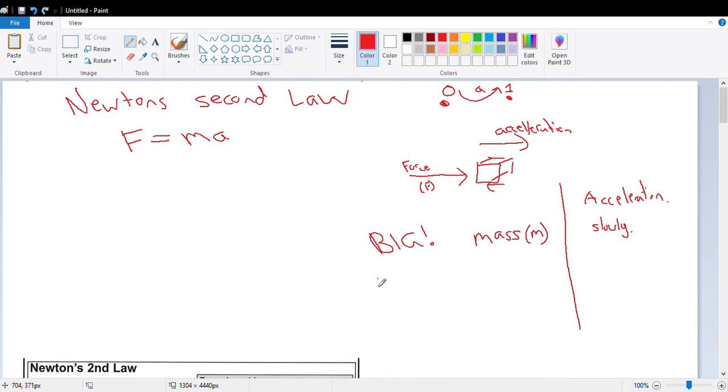If I have a small mass and I have the same amount of force pushing, it's going to be easier to push that object because it doesn't weigh as much. So with the same amount of effort, it's going to take off at a greater rate. So the acceleration will be more compared to before.